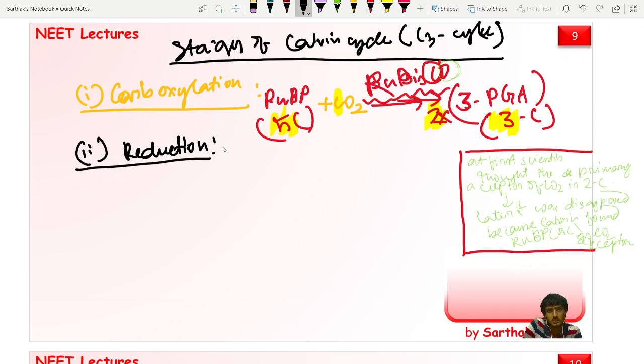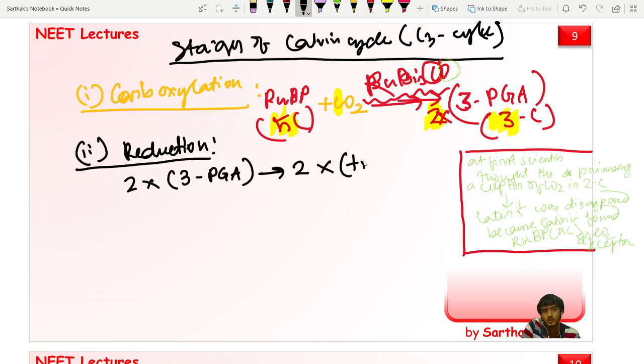In the product we have 2 molecules of 3 PGA, 3 phosphoglyceric acid, which is converted into 2 molecules of triose phosphate.